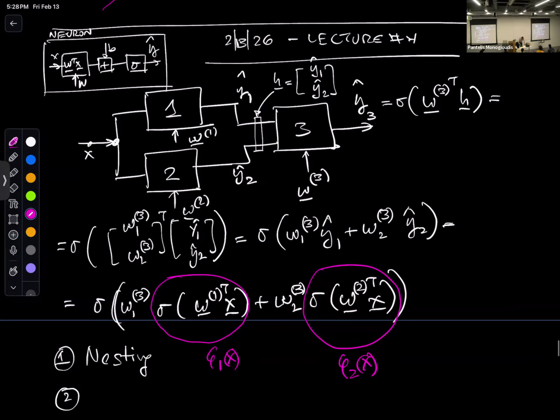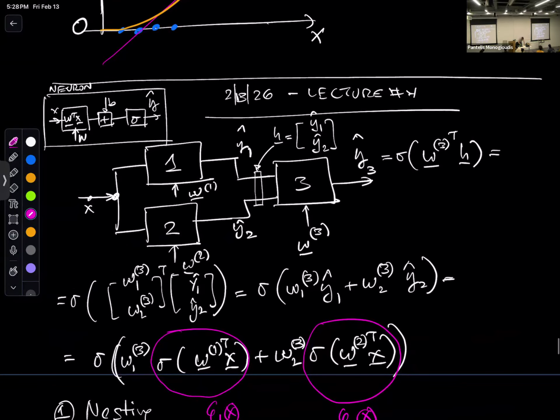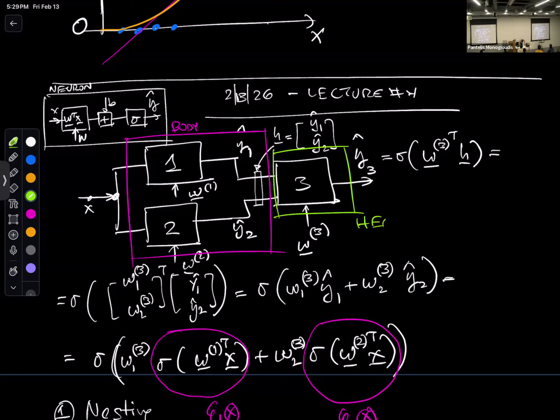In other words, the network itself, with what we will call from now on the body of the network, is generating the features for us, passing those features over to the head.